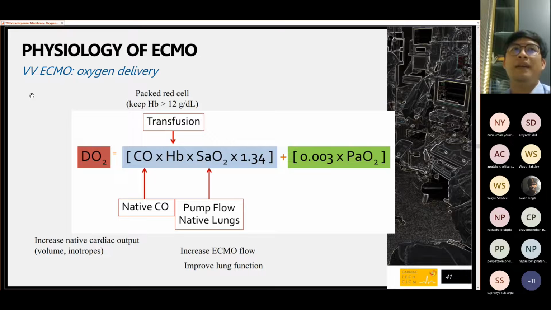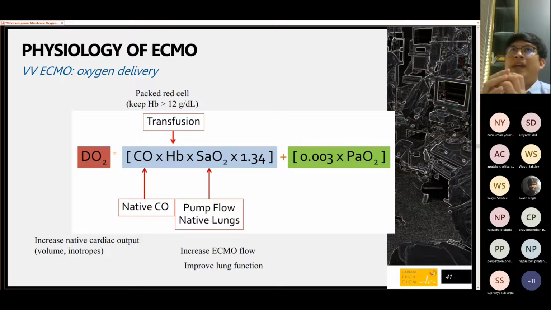Now imagine VV ECMO puts the catheter on the venous side, so it does not support the heart pumping and circulation. It drains the blood from the patient from the venous side and gives the blood back to the venous side.